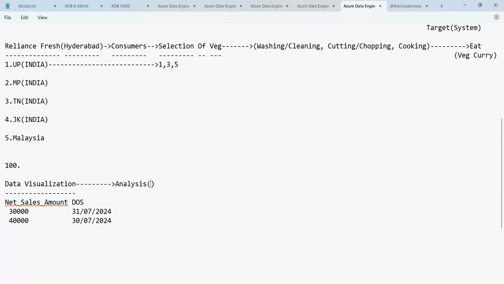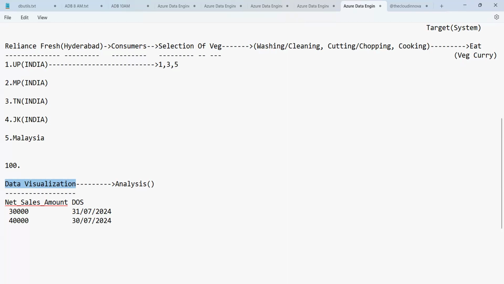Analysis is nothing but a comparative study between two different situations to take a decision. Taking the decision and performing the analysis all comes under the data visualization process.